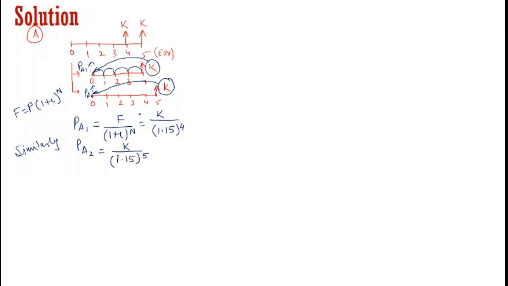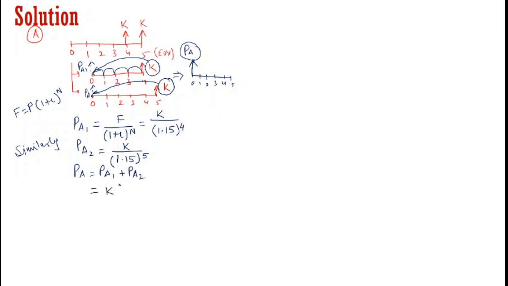If I am interested in finding the net worth, that is PA, counting 0, 1, 2, 3, 4, 5, PA will be PA1 plus PA2.